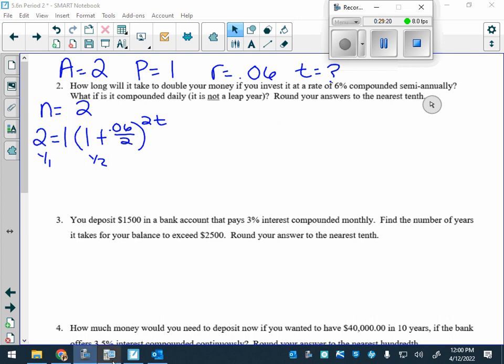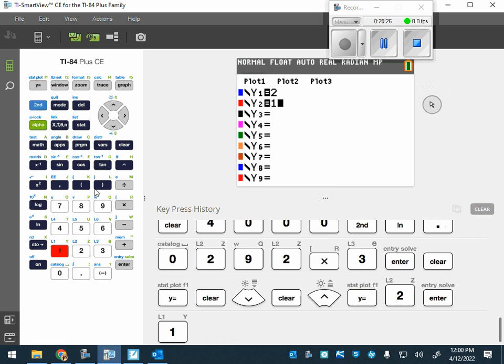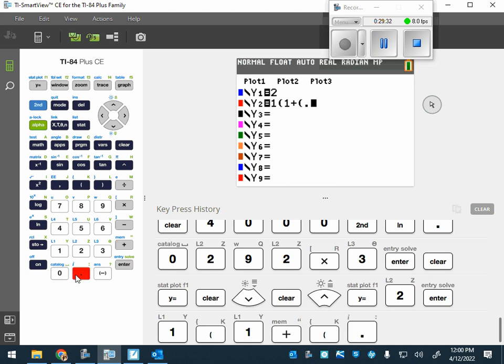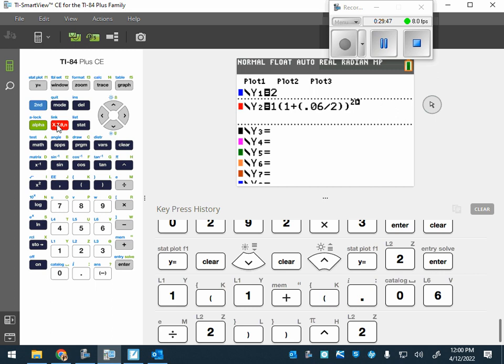So in our calculators, we're going to start y equals as 2, and 1, parentheses, 1 plus, point, divided by 2, raise it to the 2x.